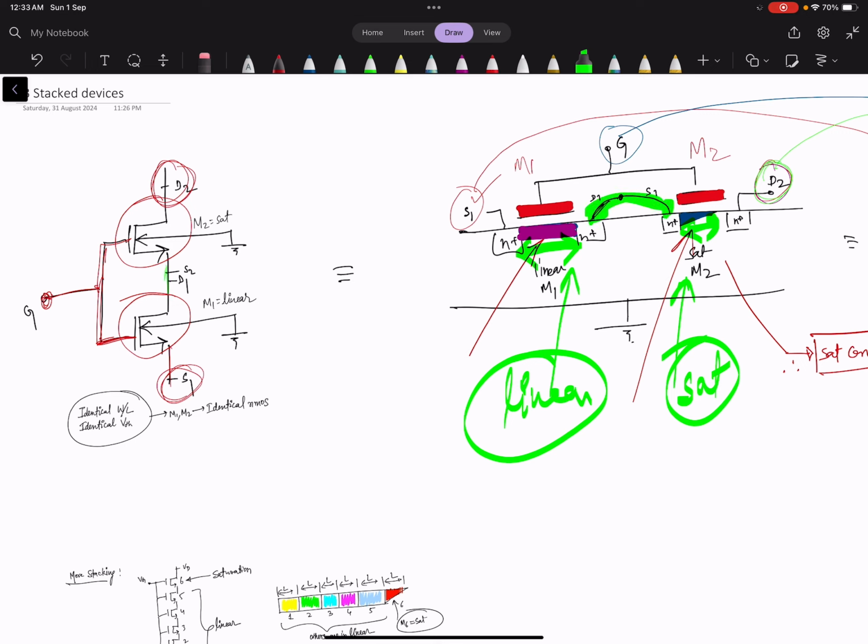Similarly here, from here you can see this is L and this is L. The condition is we will make L1 and L2 the same. So this is L, then total L will be 2 times L. So this is the stack device.